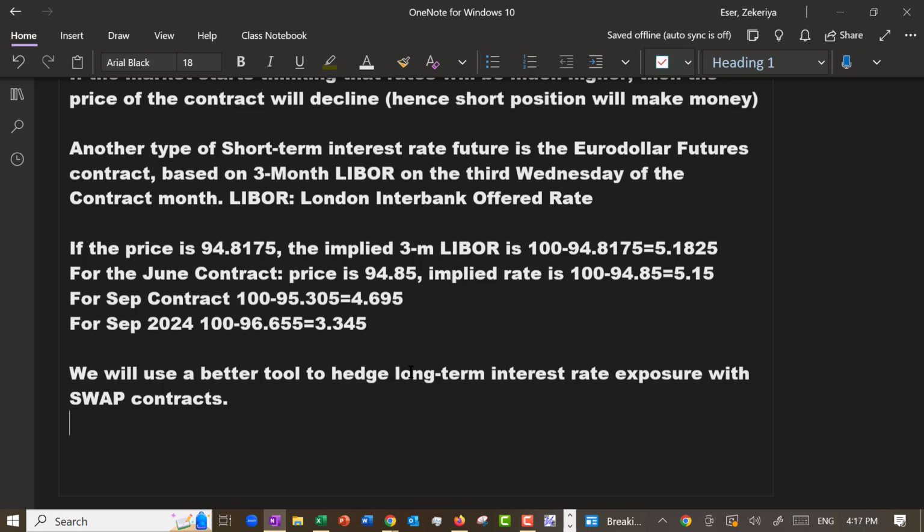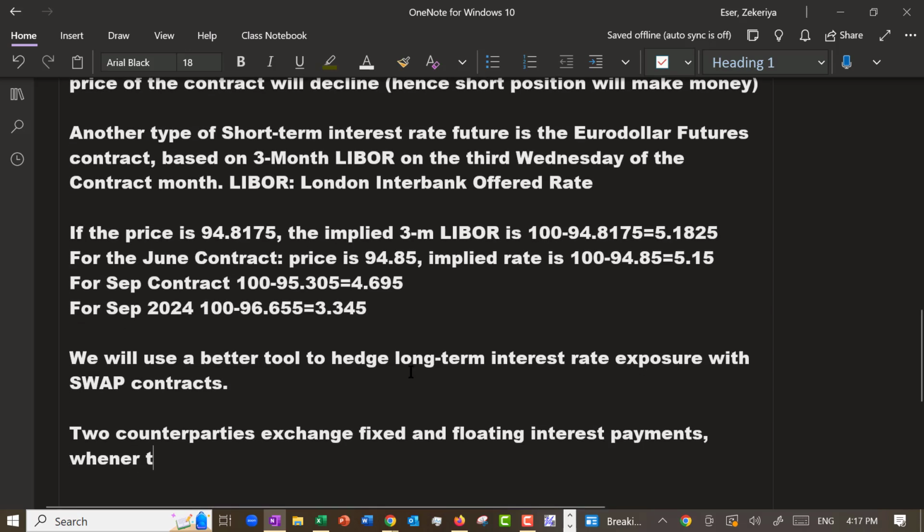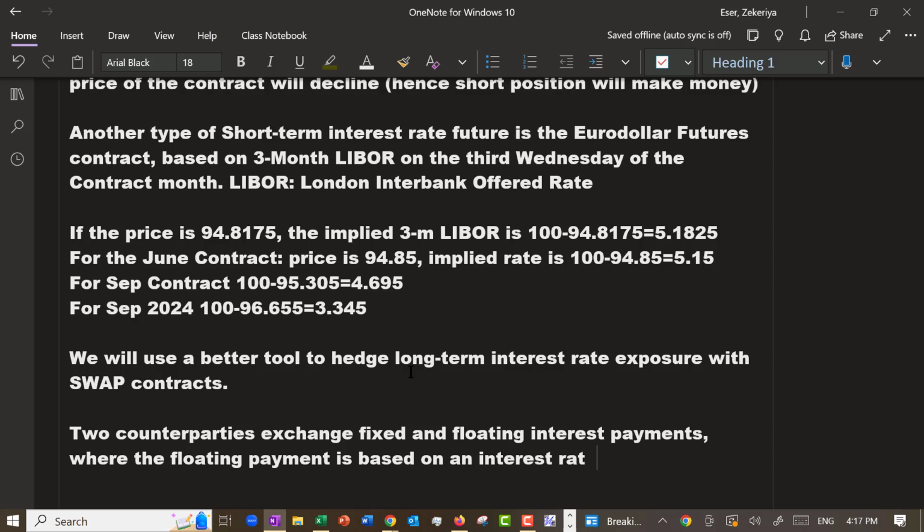Basically, two counterparties exchange fixed and floating interest payments, where the floating payment is based on an interest rate index, such as LIBOR.